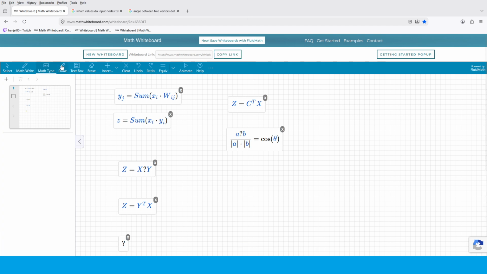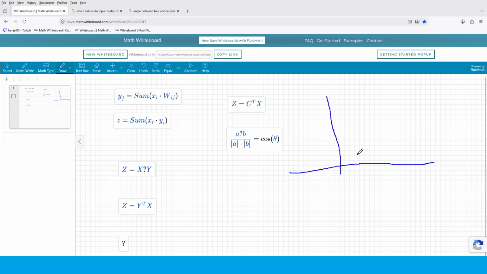Well, if we draw an XY graph, if we have a flagpole here, and we're measuring theta here, we know cos theta is adjacent over hypotenuse.